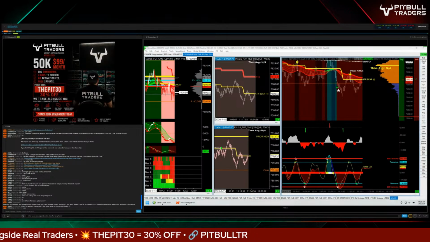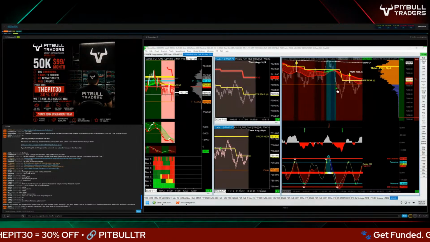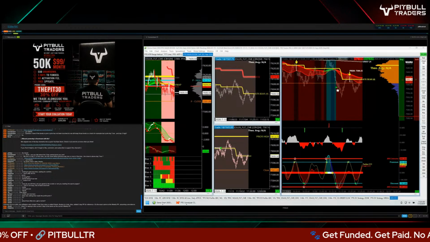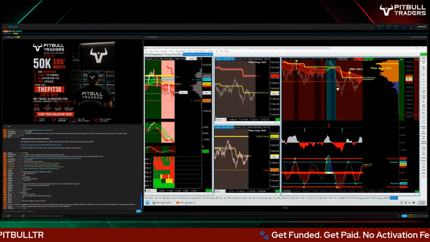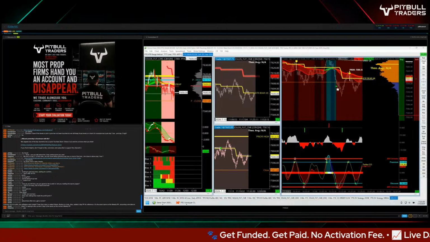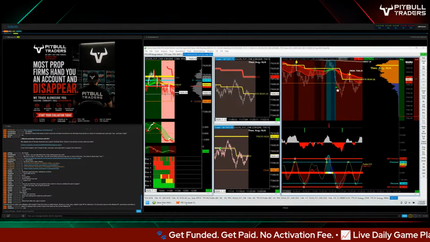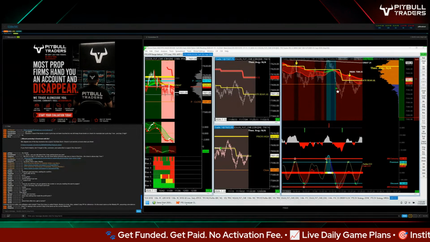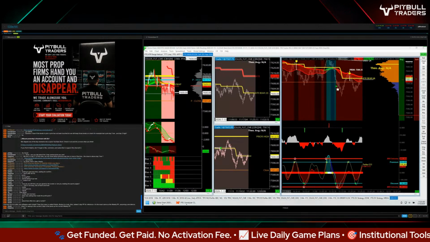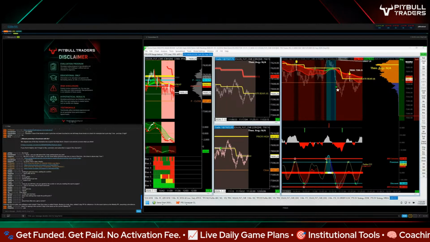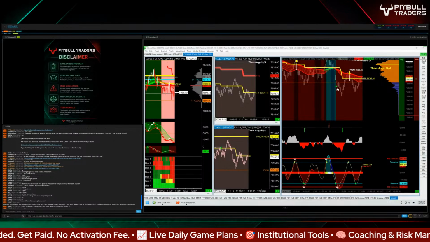Let me model that. Let me model an entry based upon some basic criteria. And then in that first initial modeling, what does it look like from an adverse and favorable perspective? Does that make sense to everybody?